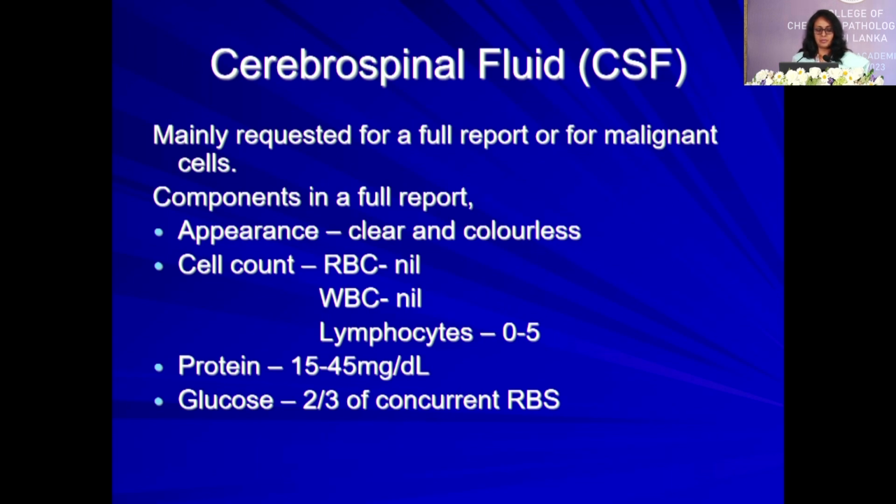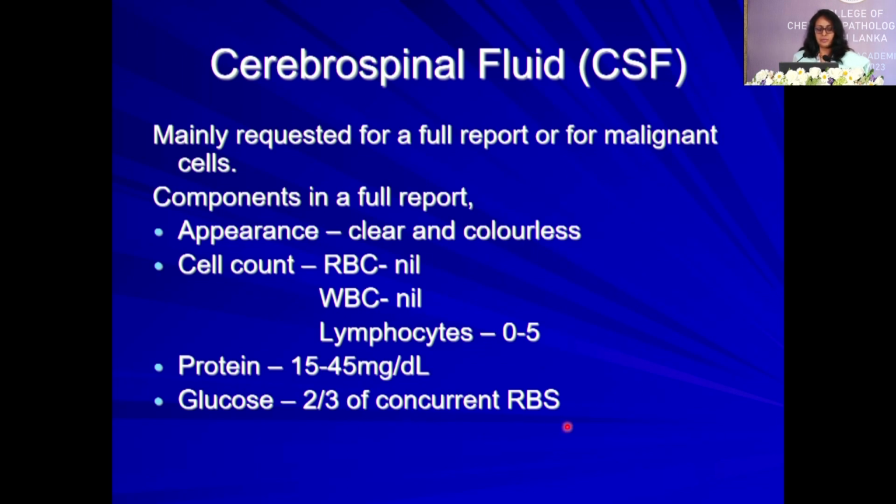in 0 to 5. Protein level is 15 to 45 milligrams per deciliter. This is very important in diagnosing diseases. CSF glucose is two-thirds of the concurrent random blood sugar.